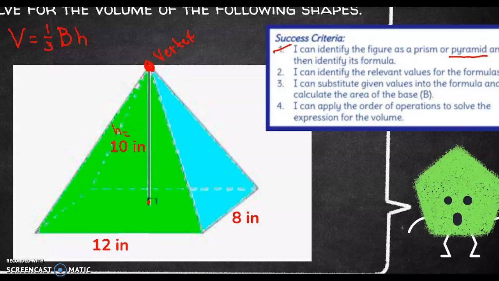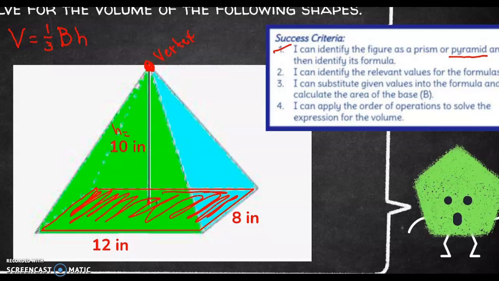And then on the bottom I have 12 and 8, which is the distance for the base. And my base is a rectangle. Okay? And I'm going to shade in my rectangle, which is my base.